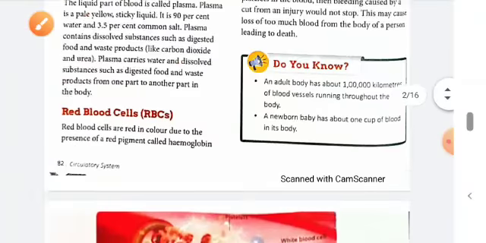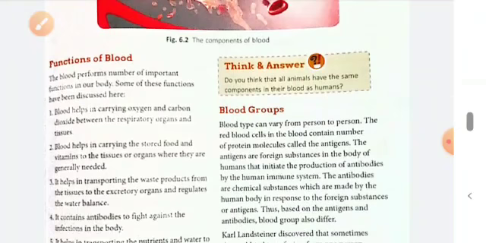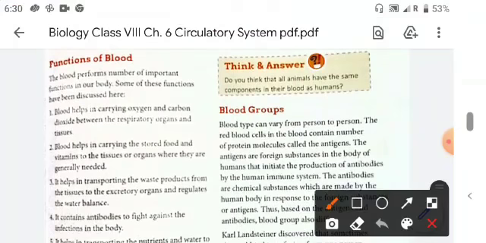Okay, now next is the function of the blood. What is the function of the blood? You know that blood performs a number of important functions in our body. So some functions are here. First, blood helps in carrying oxygen and carbon dioxide between the respiratory organs and tissues.